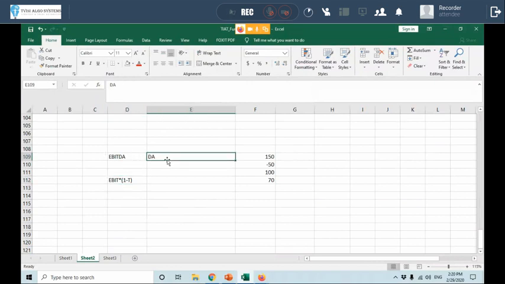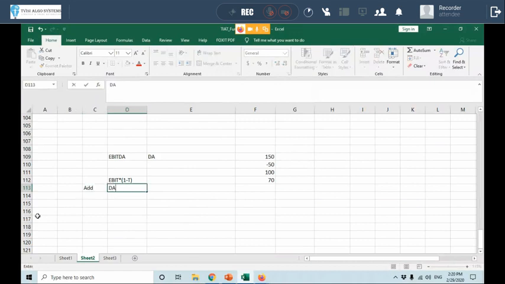Earlier I deducted depreciation and amortization. So now I will add this back. I will add D&A, depreciation and amortization. Just one question. Why are we always deducting the depreciation and amortization? I agree because we have invested in that asset.